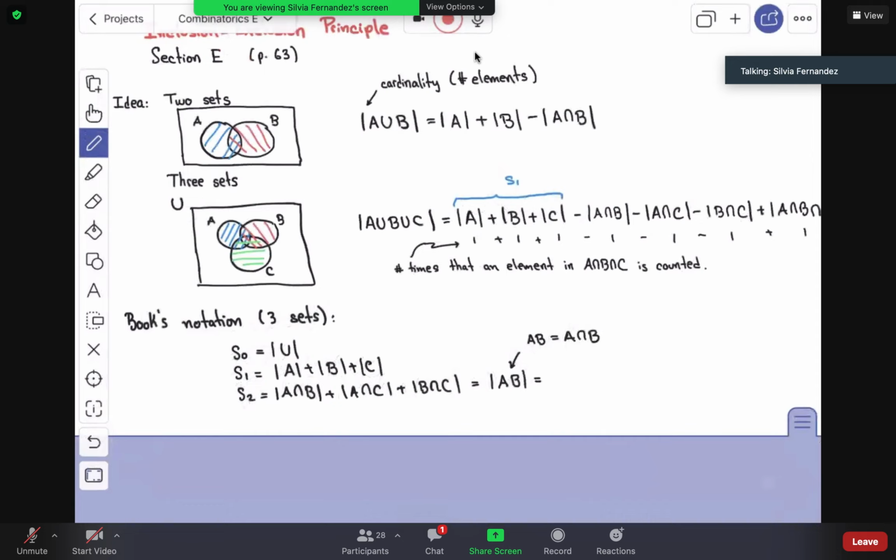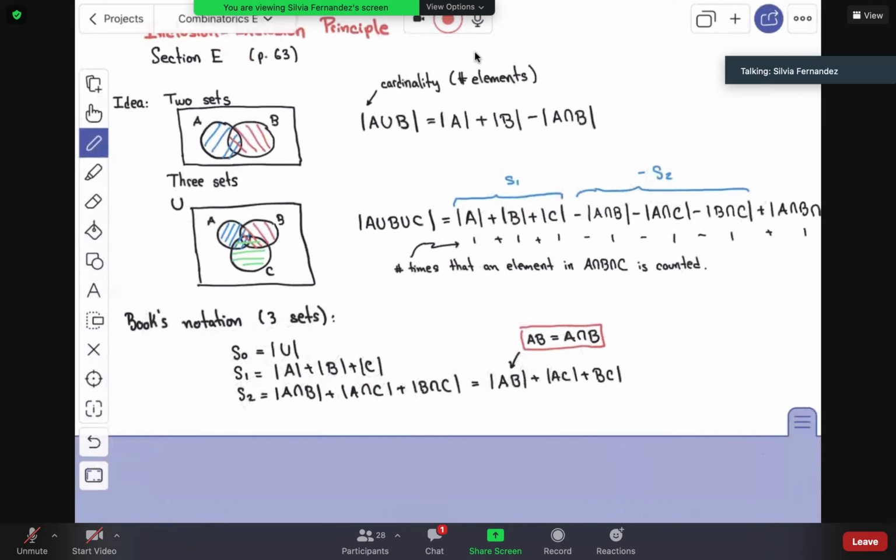That's what I don't like as much. But that's how they write it in the book. And so this will correspond to negative S2. So all of them appear with a negative sign, right?